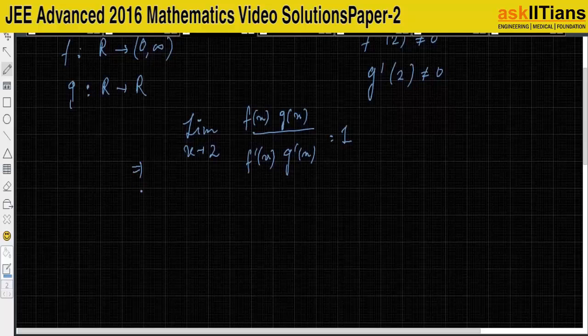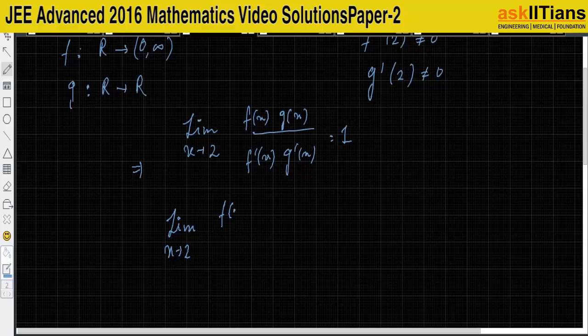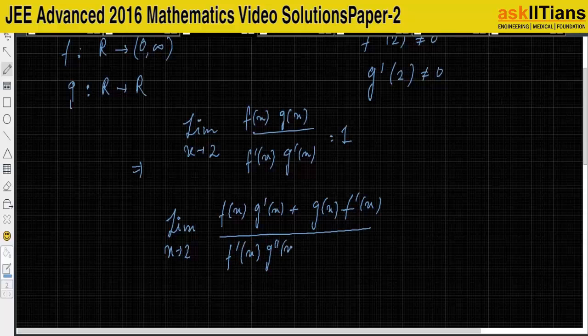So I can use L'Hopital, where I differentiate the numerator and denominator. If I differentiate, I'll get f x into g dash x plus g x into f dash x divided by f dash x into g double dash x plus g dash x into f double dash x, and this quantity is equal to 1.